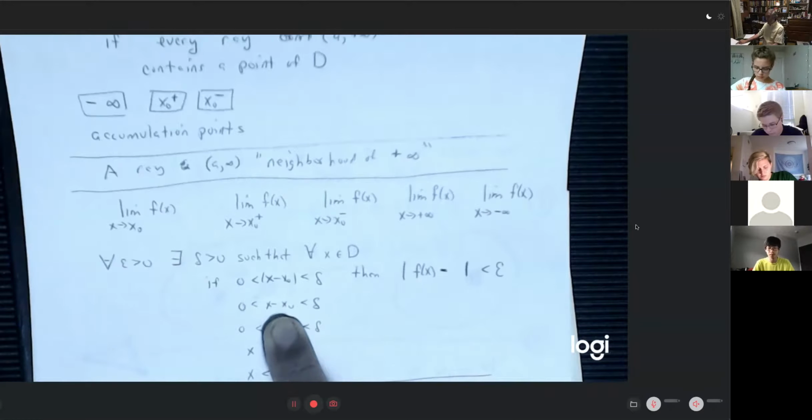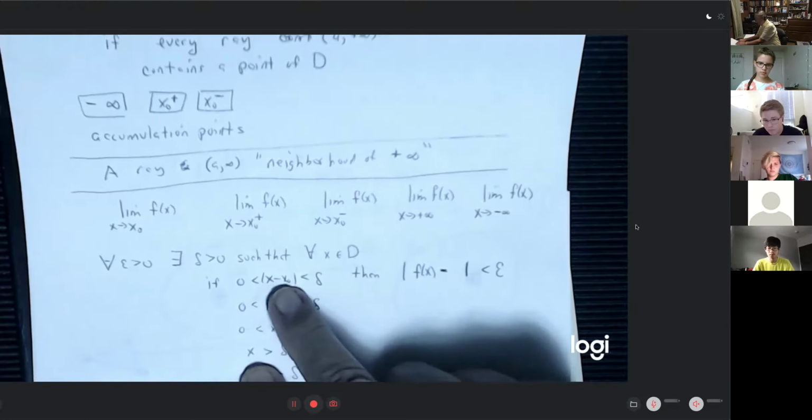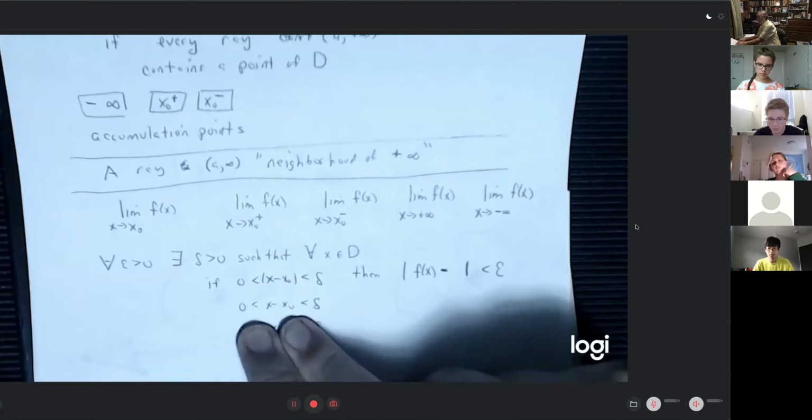If you have $6 in your pocket and there's something that costs $5, you know you're okay because the difference between the two is positive. And you can buy the thing if that's what you want to do. So if I replace the absolute value of x minus x naught with just x minus x naught, now I'm saying right-hand limit, staying on the right.